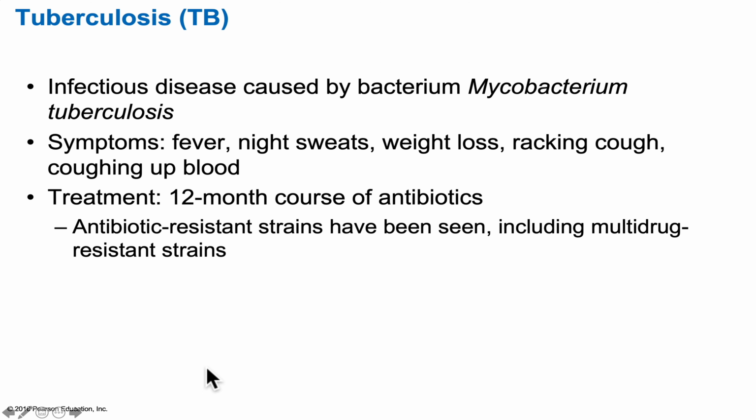However, deadly strains of drug-resistant, even multi-drug resistant TB can develop when the treatment is incomplete or inadequate. And resistant strains are found in certain parts of the world more than other parts. Even in the United States, we're starting to see certain resistant strains now.